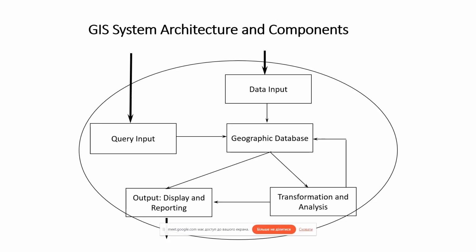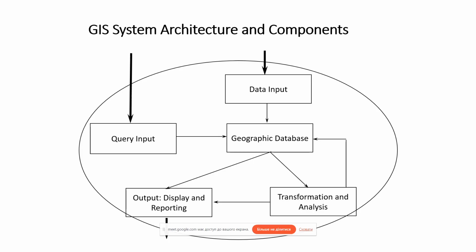The main architecture and components of GIS is spatial data. So we gather and store spatial data about our world. Then we make a query.